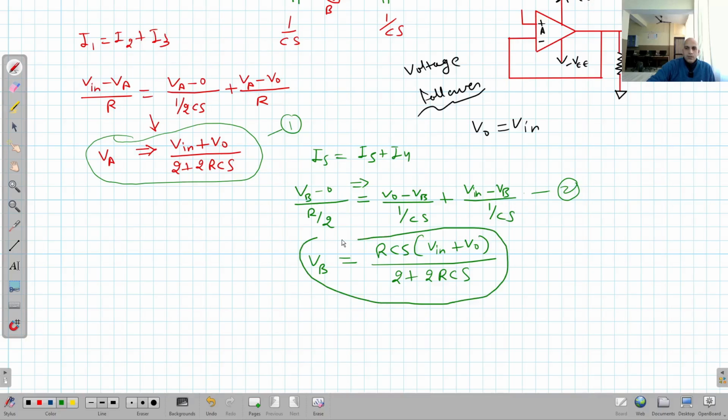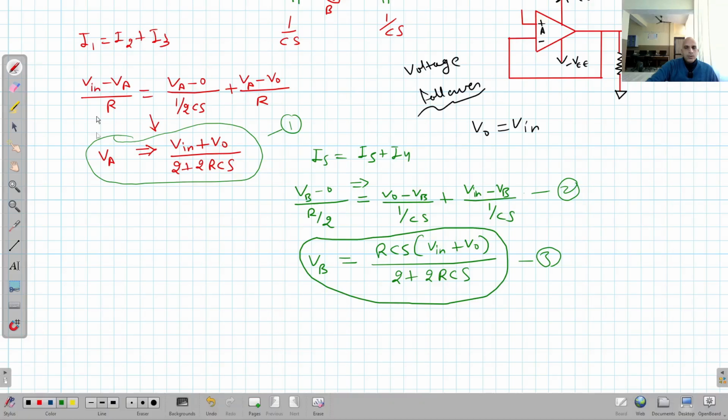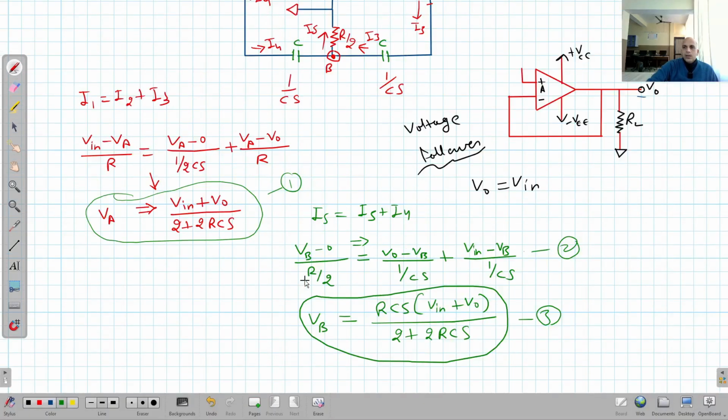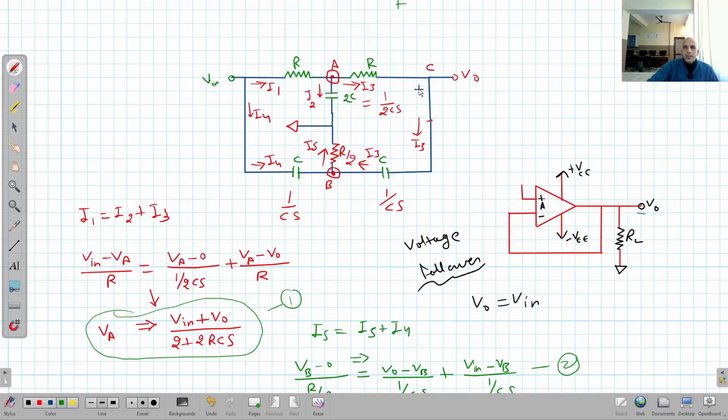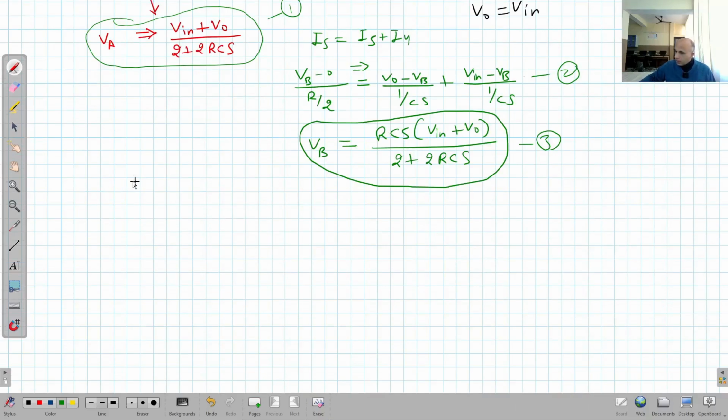So this is equation number 3. Now we have VA and VB. Applying Kirchhoff's junction rule at junction C, you can see that I3 is equal to I3.